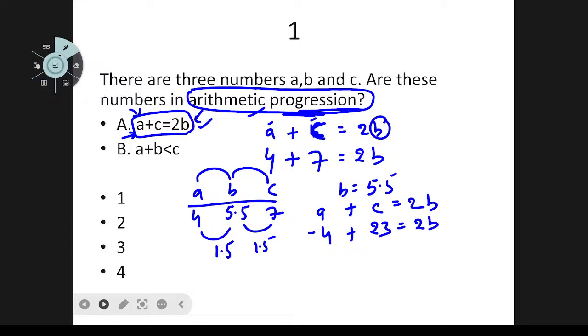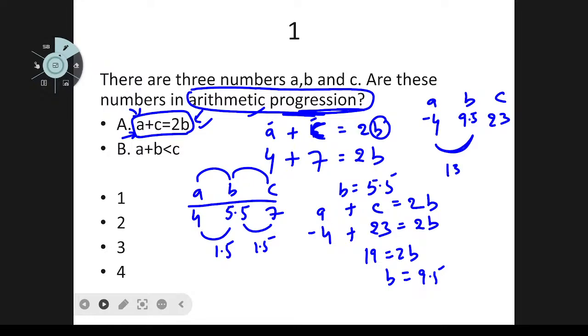So 19 is 2B and B is equal to 9.5. Now A is -4, B is 9.5 and C is 23. What is the difference between these two? The difference is 13.5. Here also the difference is 13.5. So is it an arithmetic progression? Yes.